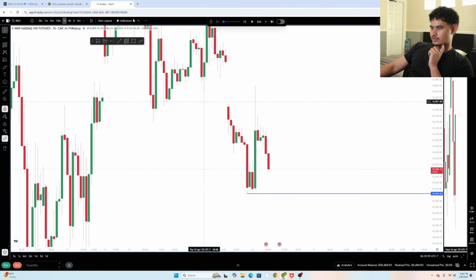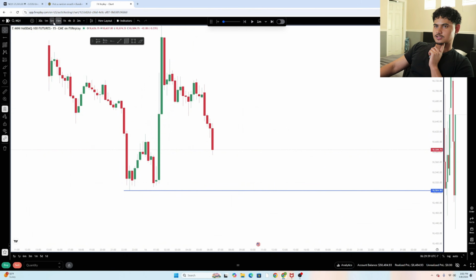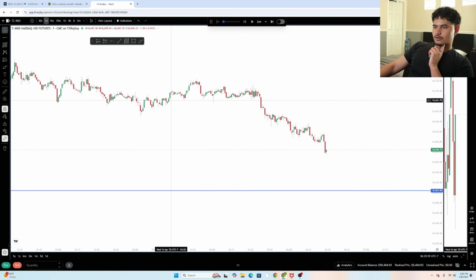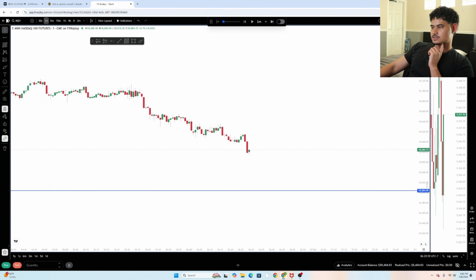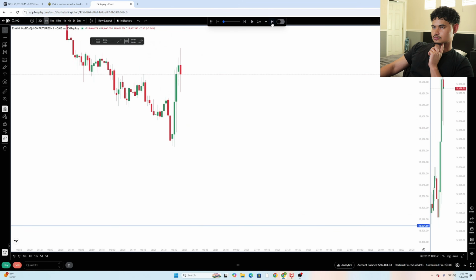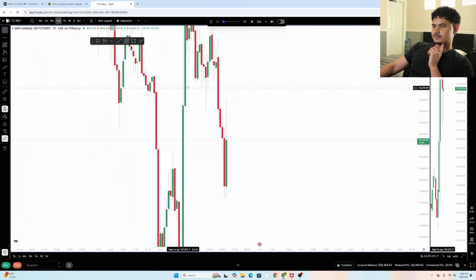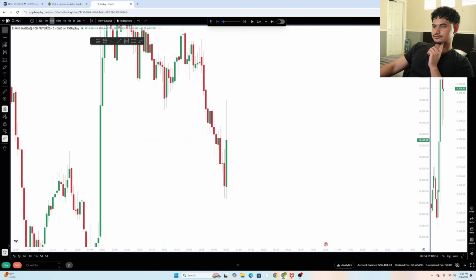But first, ideally, this low right here. So yeah, let's just play some candles. Hopefully, we get some sort of retrace before entry to it. Tapped in this 15 gap right here.